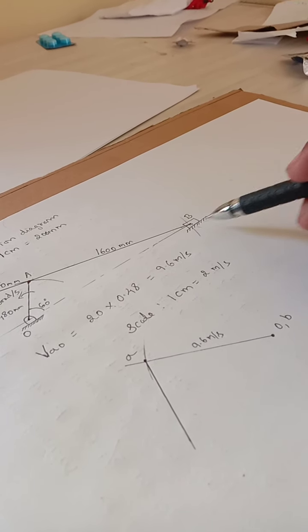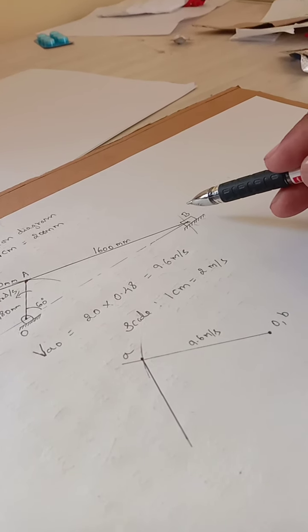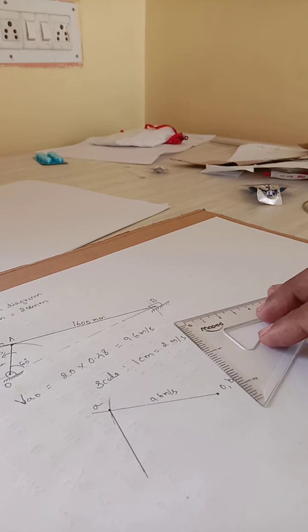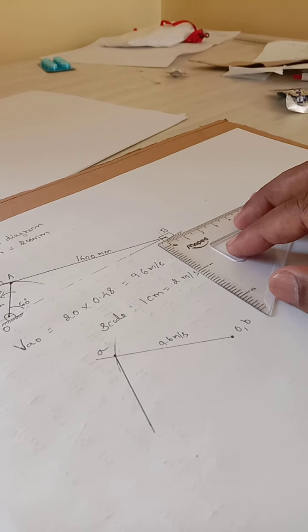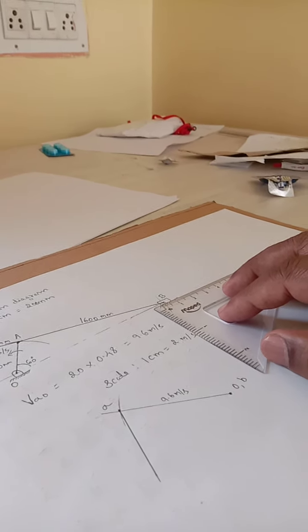This slider is being guided, so the slider can have only linear motion. I won't get any angular velocity. For the slider B, it can have only the linear velocity. So I will go to this point B, and now I have to draw the velocity vector for B.